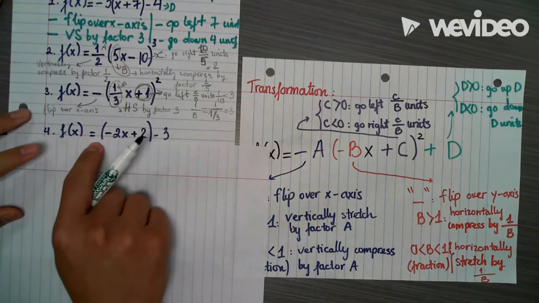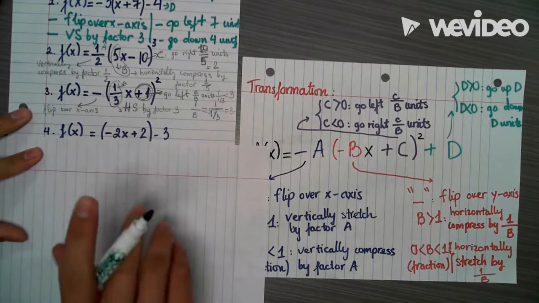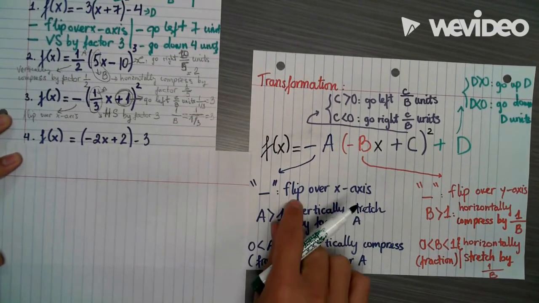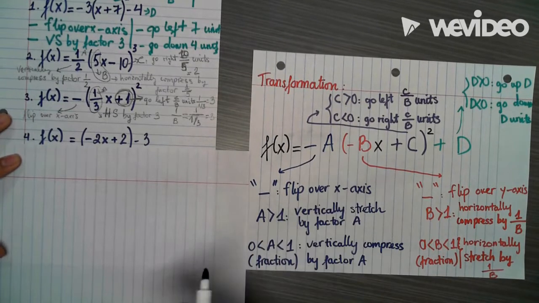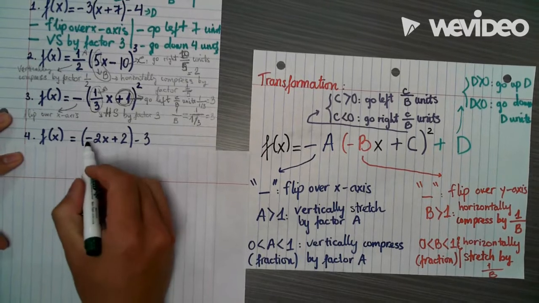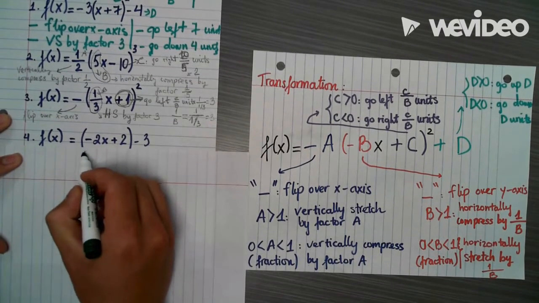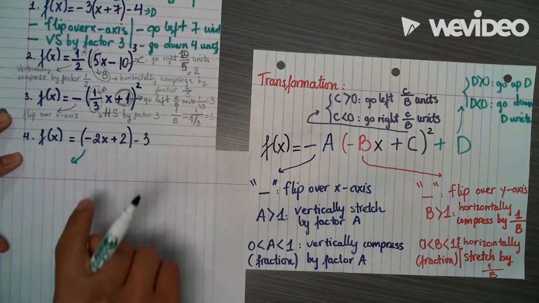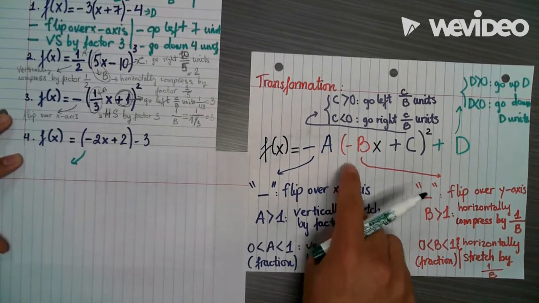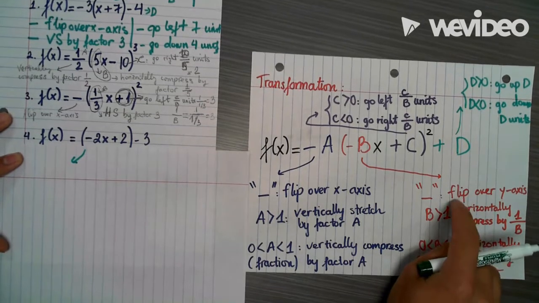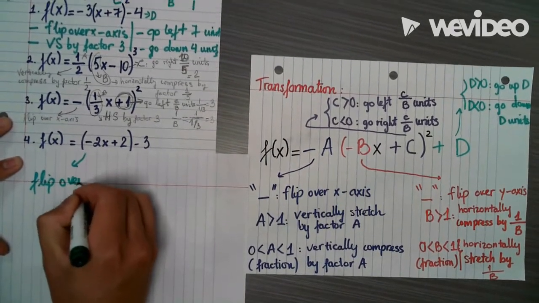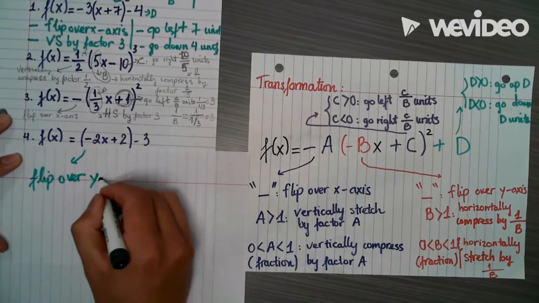Now, number 4. Outside, we don't have anything, so we don't care about that, right? Because we don't have A. So we're going to just keep going to the inside. This negative sign here, what does it say? The negative sign inside the parentheses is right here, right? So a negative sign inside is a flip over y-axis.